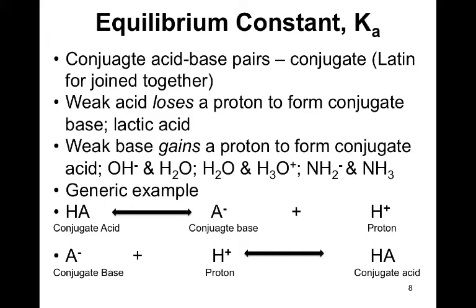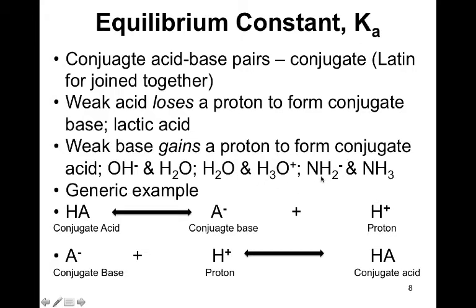Some of the examples of weak bases can be hydroxide ion. Hydroxide ion, if it gains a proton, forms a weak acid, which is water. Okay, now if you were to consider water to be a weak base, upon getting a proton, it's going to form the hydronium ion.